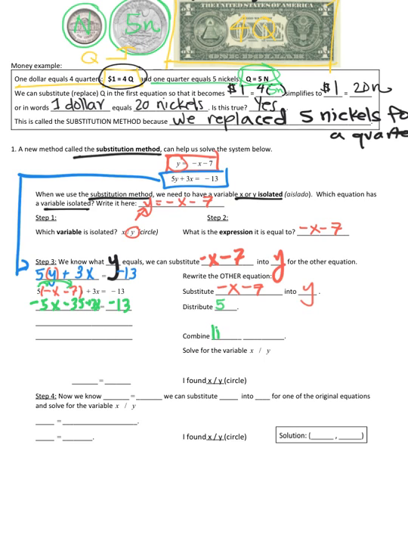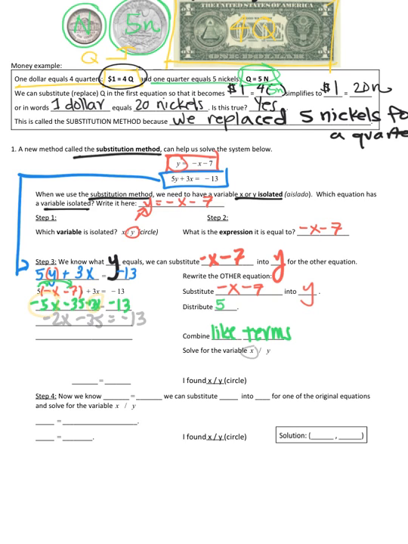Now we're going to combine like terms. So that means I can combine the ones that have x's. So I can combine negative 5x and positive 3x to get negative 2x, and then I have minus 35 equals negative 13. And so looking at this equation, I only have one variable, which is x.